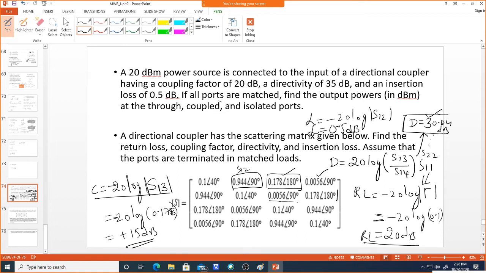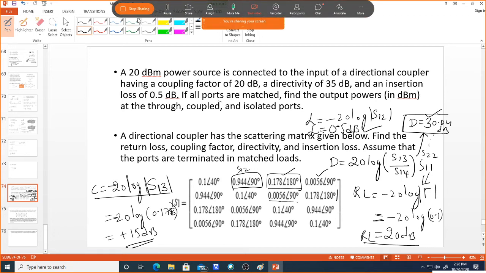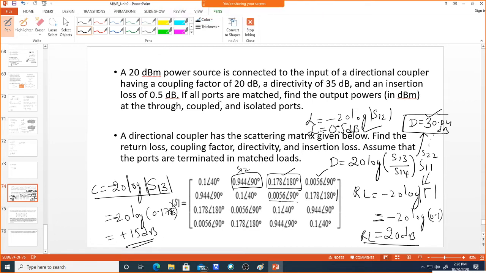Minus or plus? Check once. Okay, this is 0.5 dB.